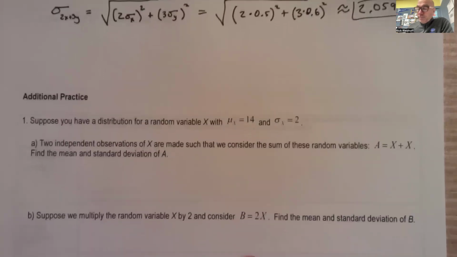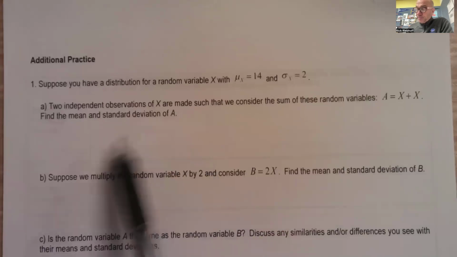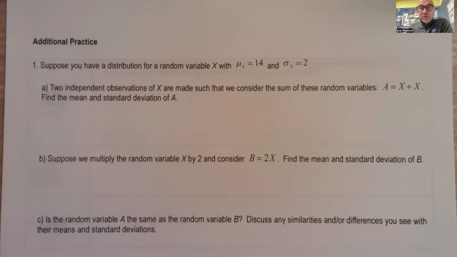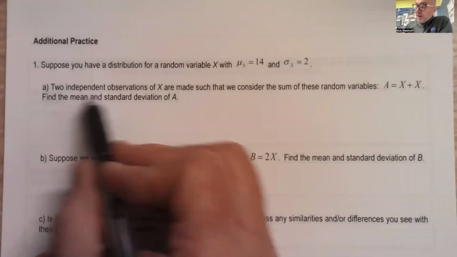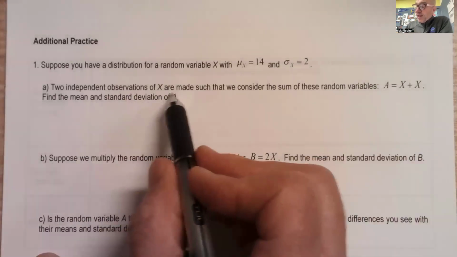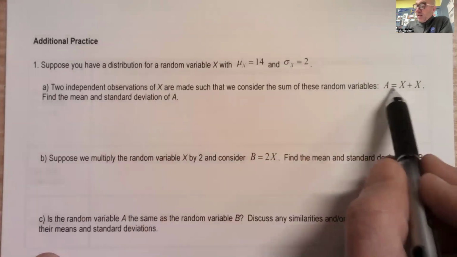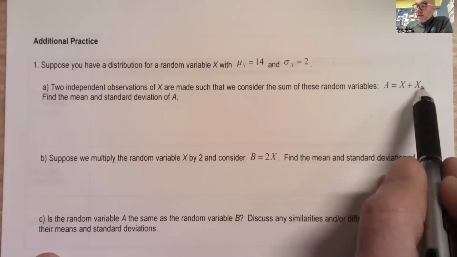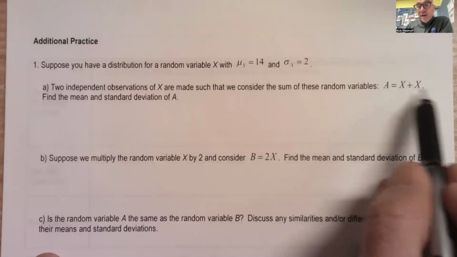Cool. Additional practice. Here we go. This one has some cool stuff. Again, additional practice, do this when you want. The first one: 2 independent observations are made, and we consider the sum of these random variables, A equals X plus X. This won't be A equals 2X, because each one of these is random and they could be different numbers.